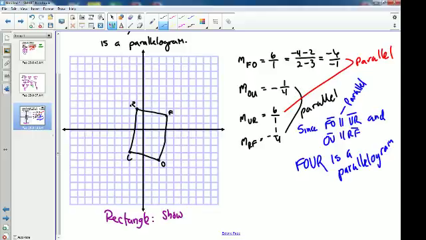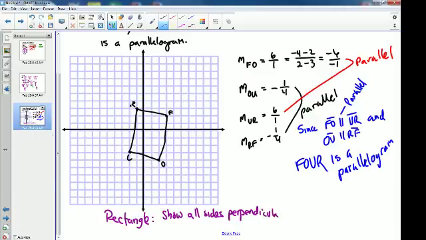No. Actually, for a rectangle, all you have to do is show that all the sides are perpendicular. If all four angles are 90, you have a rectangle. It might be a square. So show the sides are perpendicular.